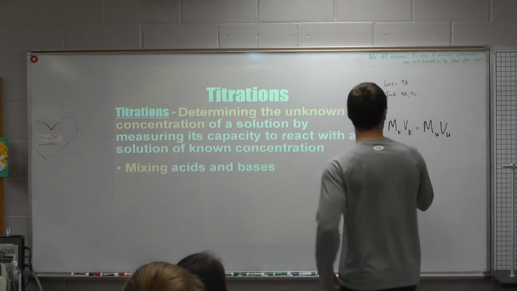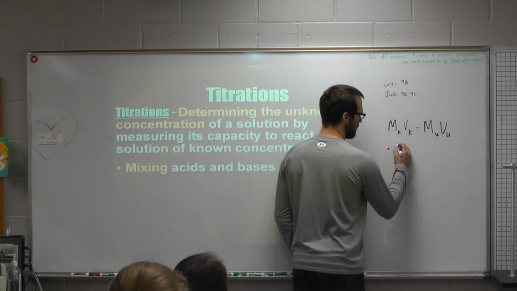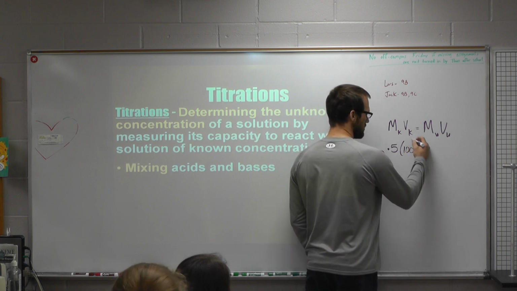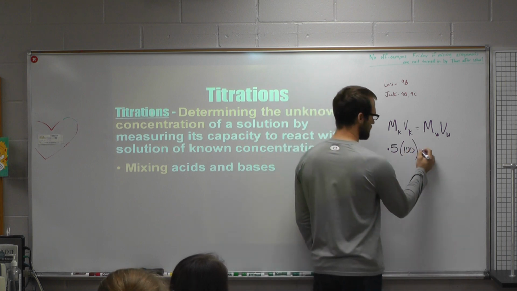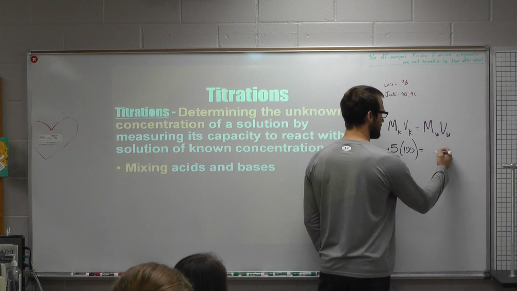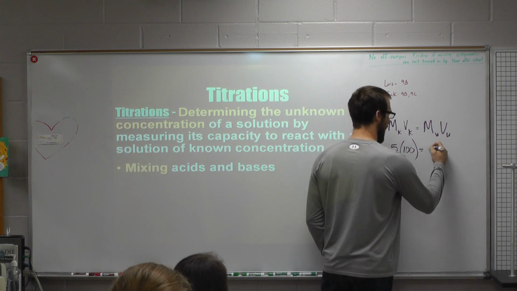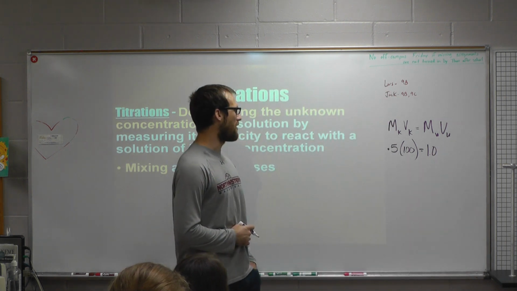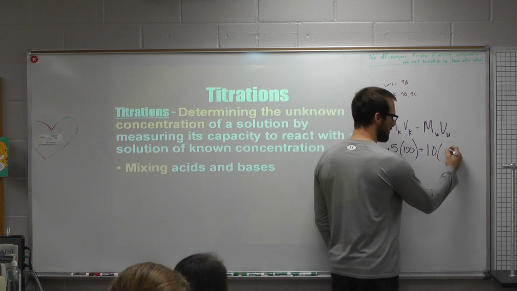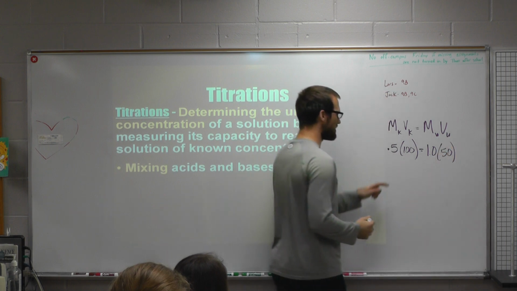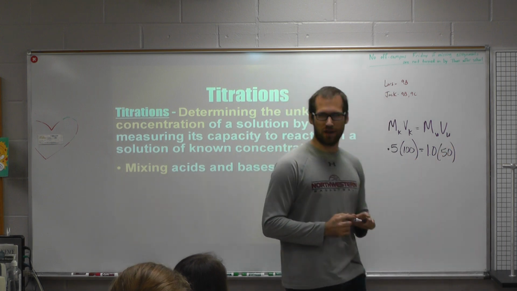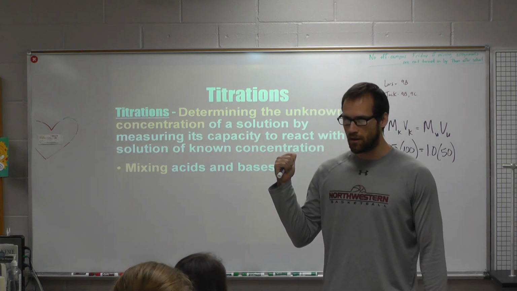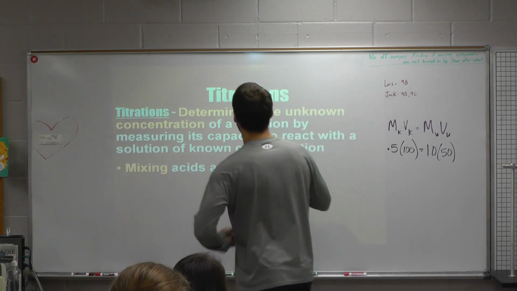But if I have 0.5, and let's say it took me 100 milliliters, and I wanted to neutralize that with a 1.0 acid, what would have to be the volume that I would add? 50. And that should make sense, right? This is twice as concentrated, and so therefore I only will need half as much volume to neutralize my other guy.